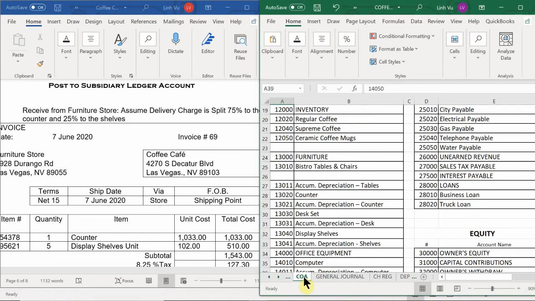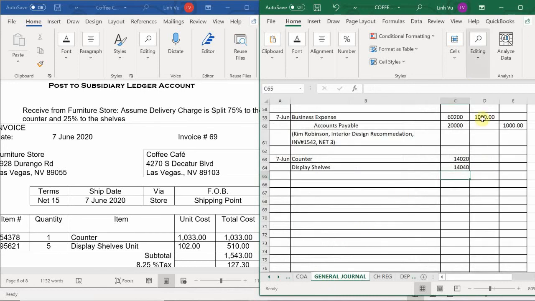We have the desk set and the display shelves. Oh, here, 1340. Good. So here I have my display shelves and I have my counter.